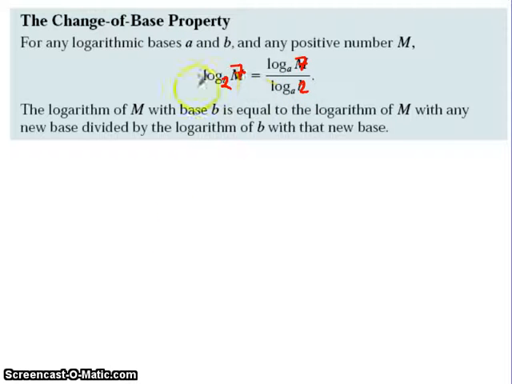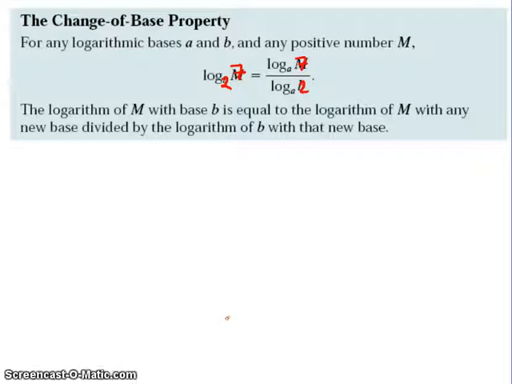You could change a log into 2 logs divided with any base you want. The only reason why I used a base 10 is because I have it on my calculator. Okay, I used an a of 10 because I have it on my calculator. I can actually plug it into my calculator to figure it out. You with me on that? All right.